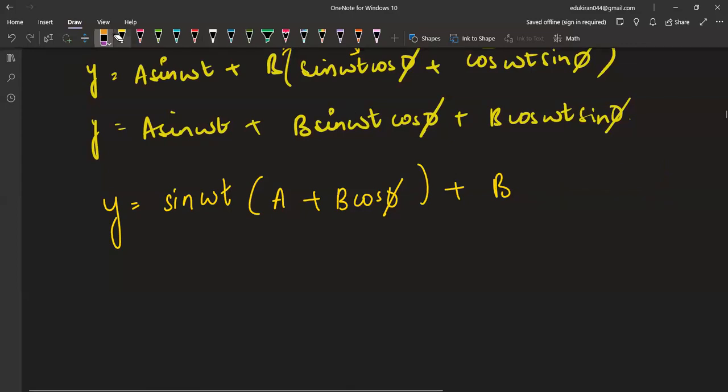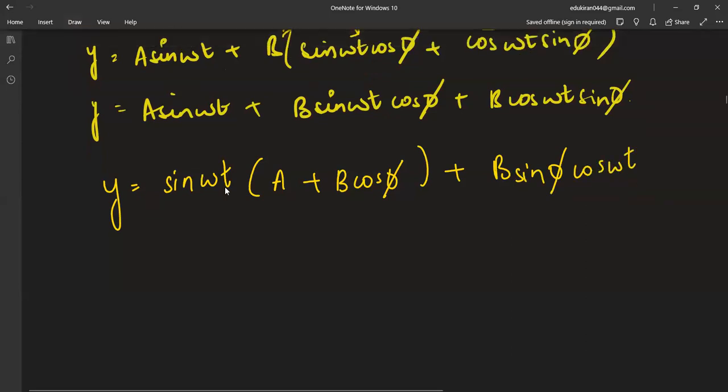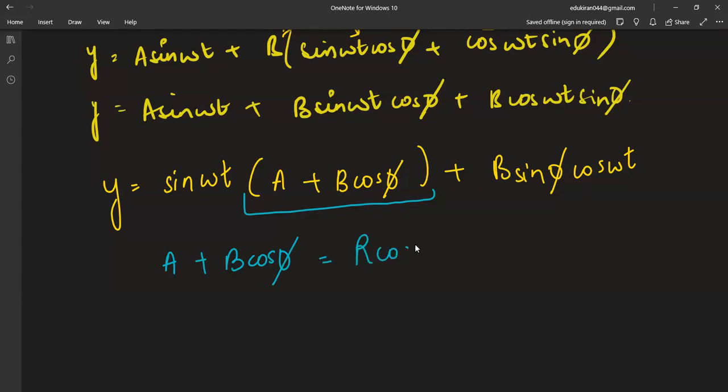Let me write sine phi first: b sine phi cos omega t. Look here. This term, a plus b cos phi, is written as R cos theta. All right. This is one equation as the resultant cos theta.